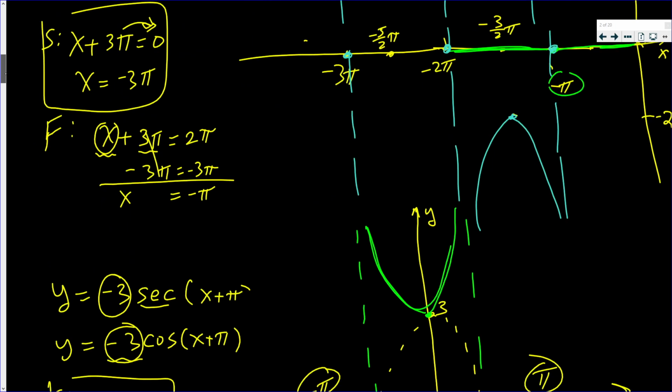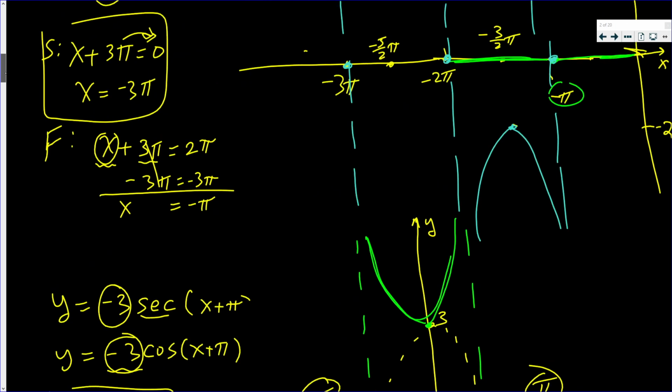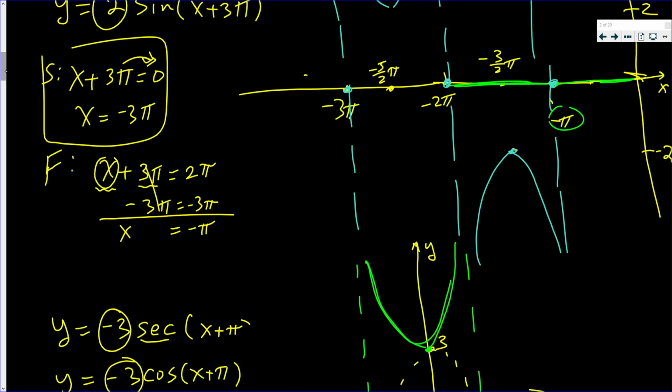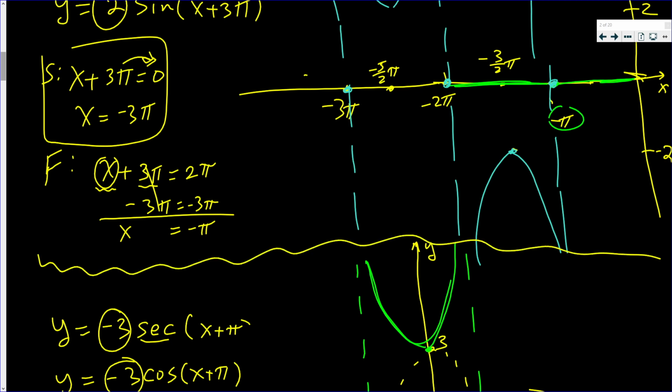In the last problem, okay, so I guess this was 2 different problems. There is no amplitude. You have the phase shift and you have the period. The phase shift is where it starts, negative 3 pi.